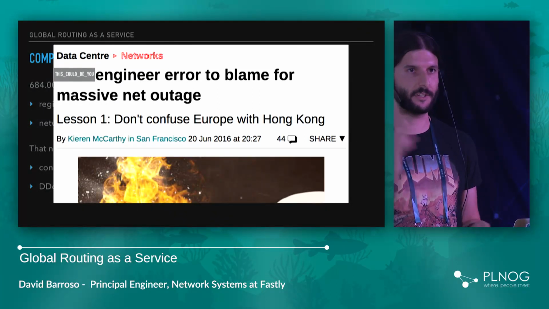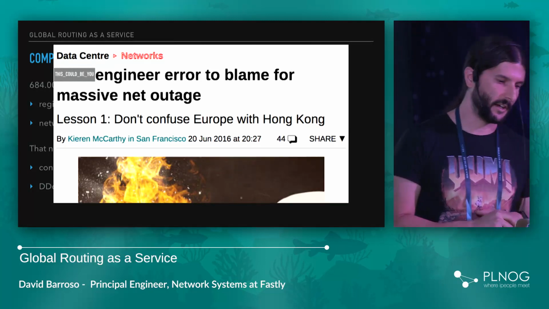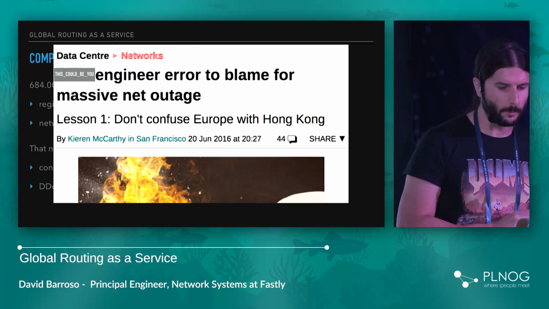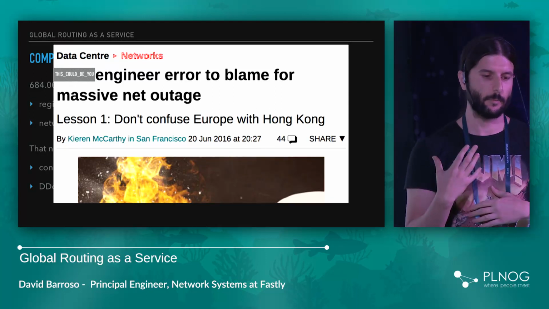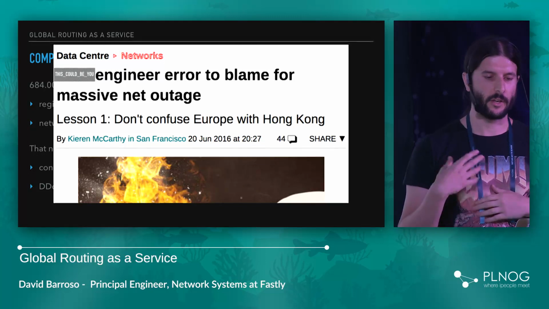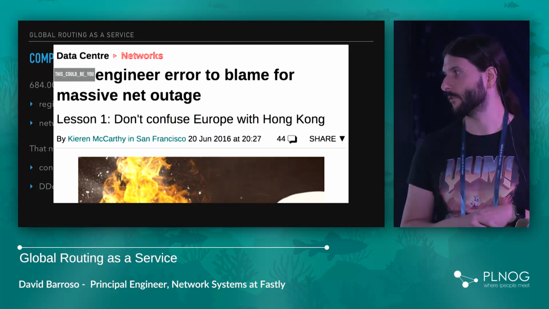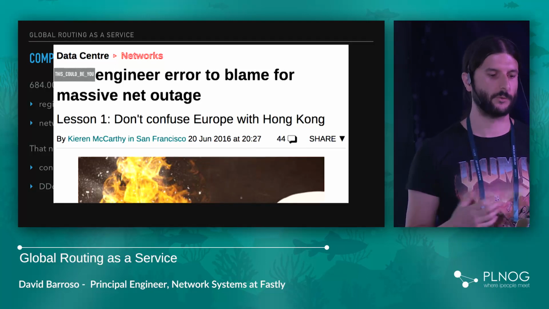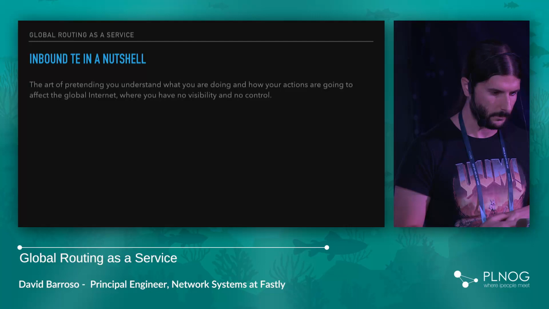There is some transit that just makes a mistake, and all of a sudden half of the internet blows up. In my opinion, this is not an engineer error. So I don't think he or she is to blame, but the tooling is to blame here. You should have tooling that prevents these things from happening.